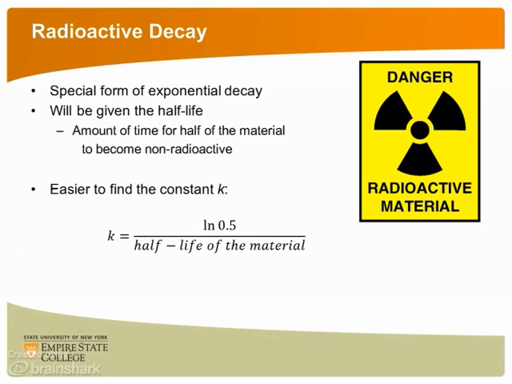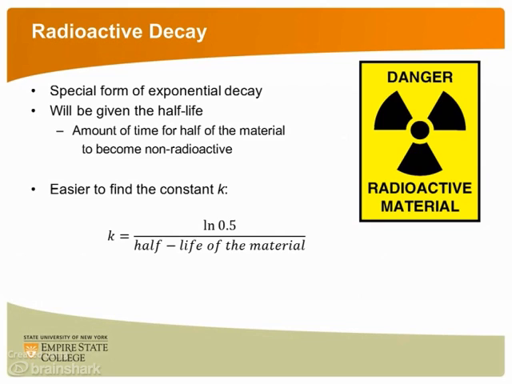The constant K is simpler to find in half-life problems than other exponential decay problems. The constant for a half-life problem can always be found by dividing the natural logarithm of 0.5 by whatever is the half-life of the material.